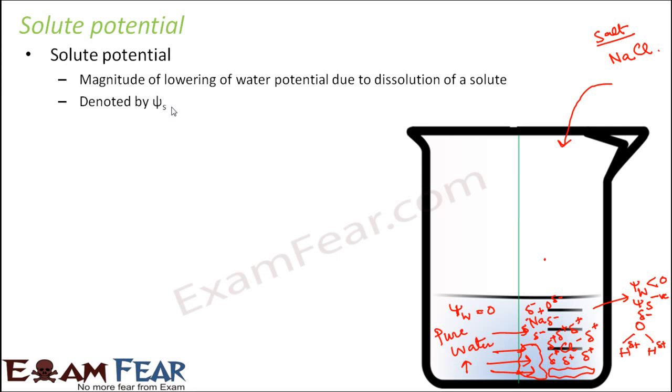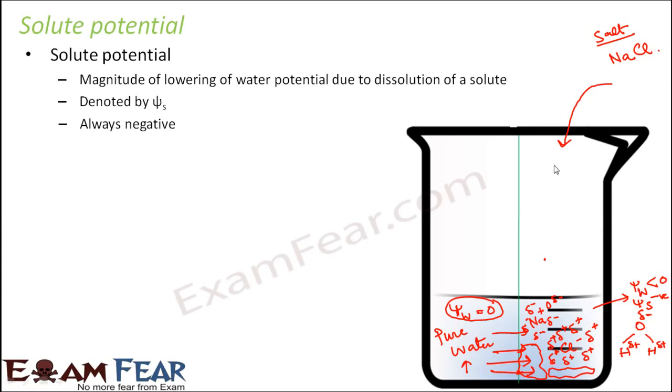Solute potential is denoted by psi with a subscript S. It is always negative because the water potential of pure water is considered as 0. Solute potential decreases it further, so obviously it becomes negative. Another important thing to note is what happens when you increase the amount of solute being added.